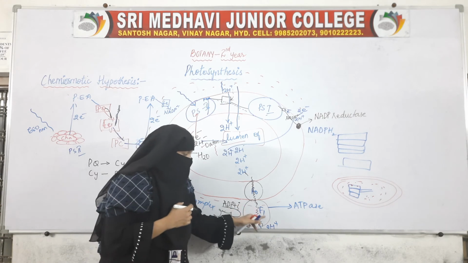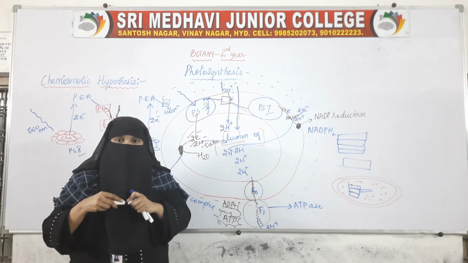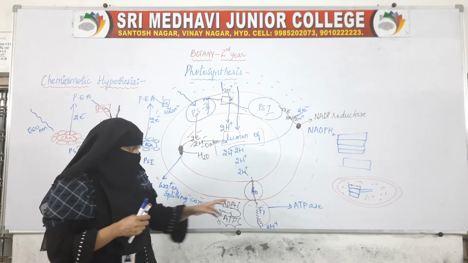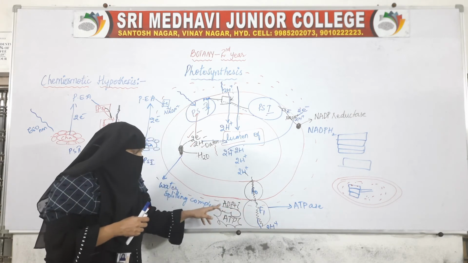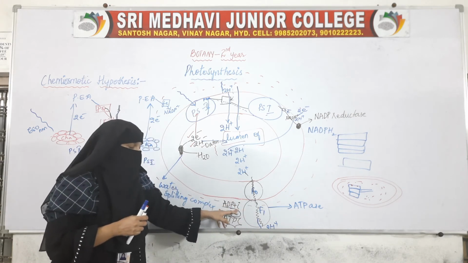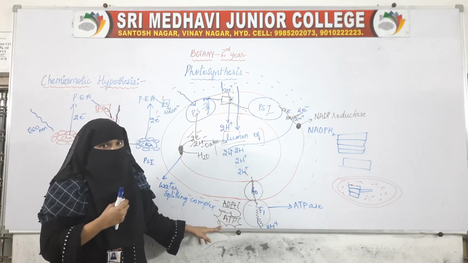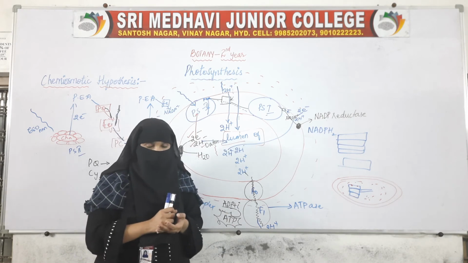So here in the F1 particle, ATPase will be present as an enzyme which will help in the production of ATP. With the help of this ATPase and the energy, this ADP will be combined with inorganic phosphate, thereby forming ATP. So this is how ATP is formed.